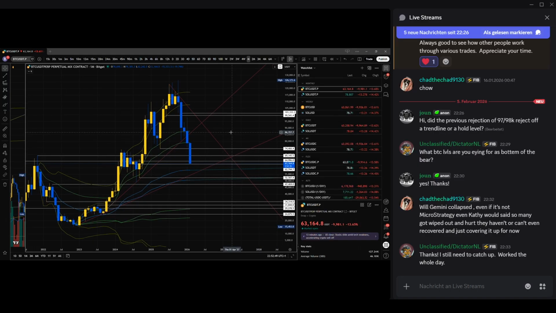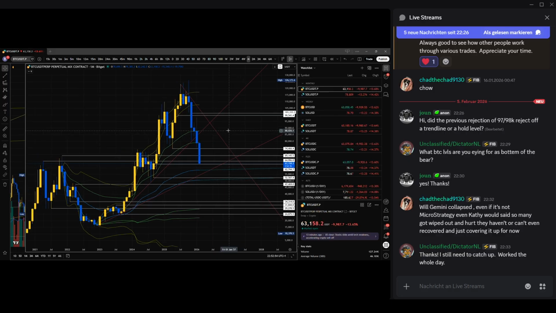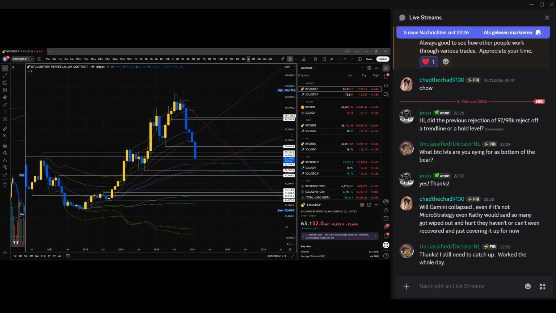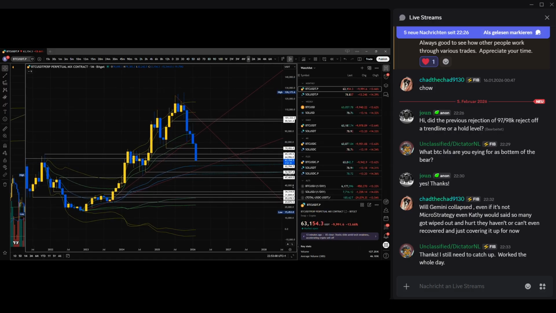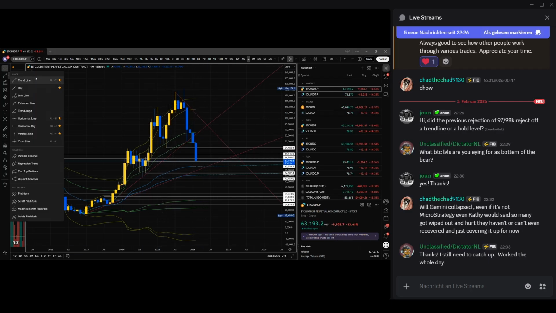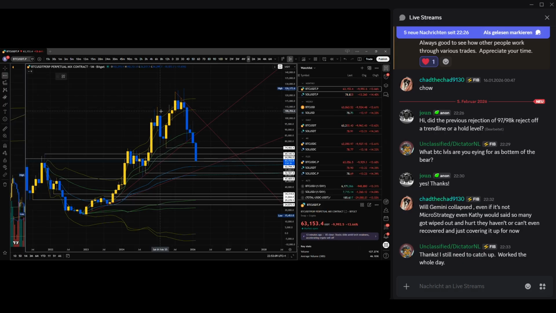So yeah, what else do we have here? Let me think. I mean, it is basically the monthly chart. If I didn't miss any important levels, I can add the break levels here, but they won't be relevant for a very long time, if you ask me.